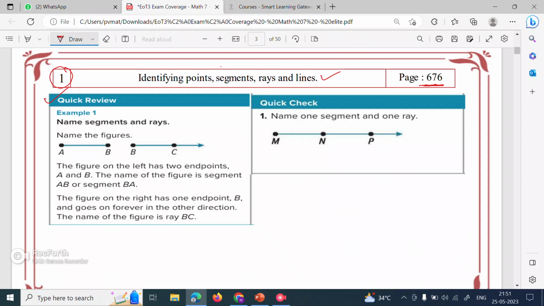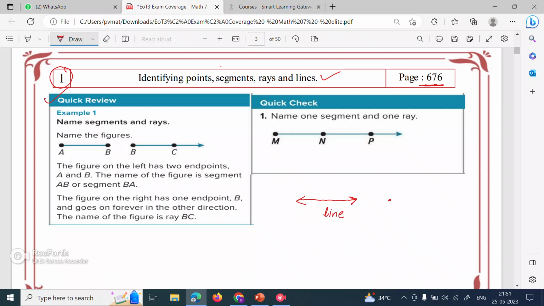Before teaching this, I would like to tell you what you know, children. If we have an arrow on both sides, it means no starting point and no end point. This is called a line.